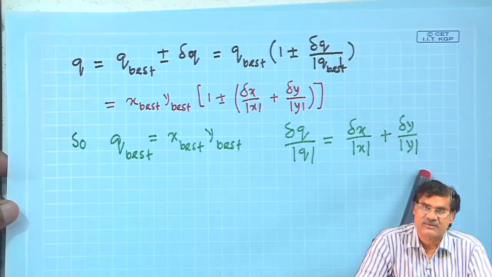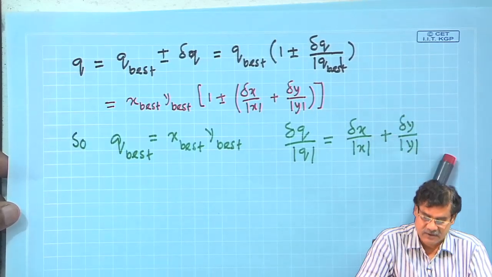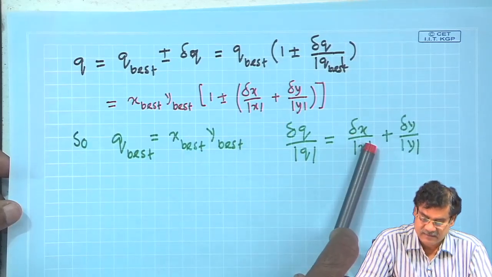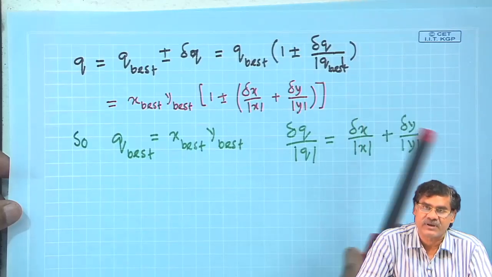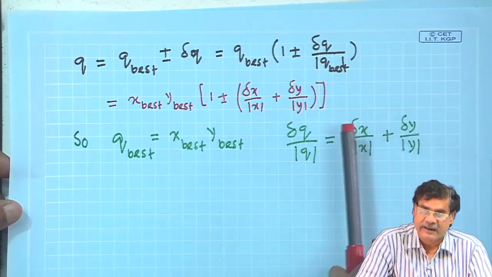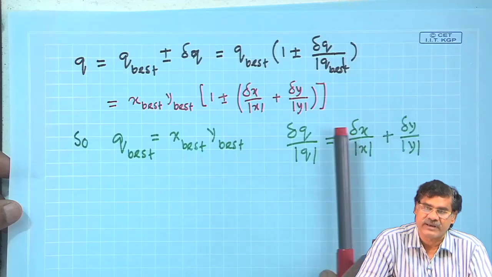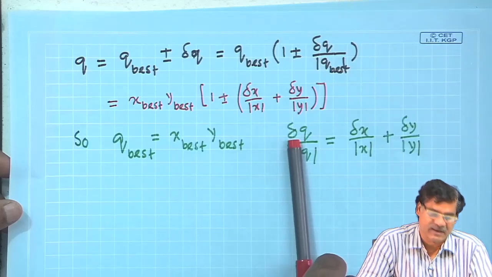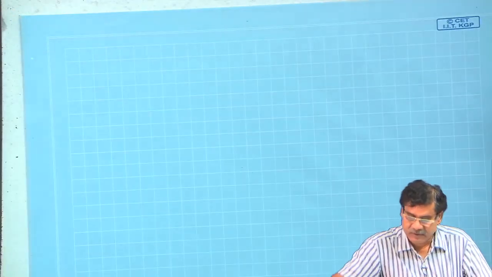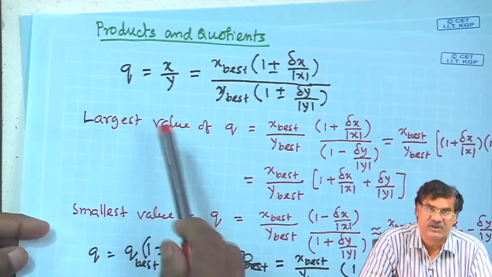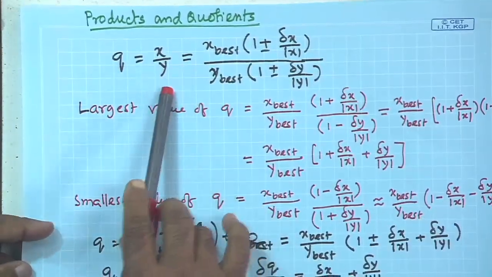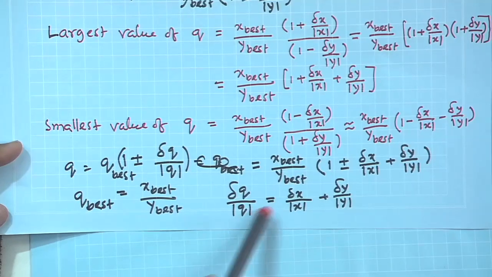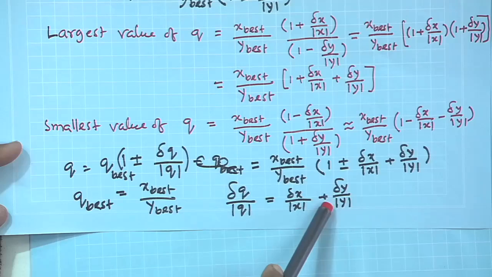So in this case, relative errors are added. So for product we are seeing that the relative errors of the individual measured parameters are added, which gives the relative error of the calculated parameter. Similarly, if you choose division, q equal to x by y, if you proceed the same way, here also you will see del q by q equal to del x by x plus del y by y.